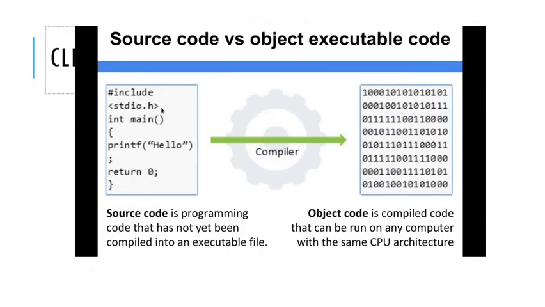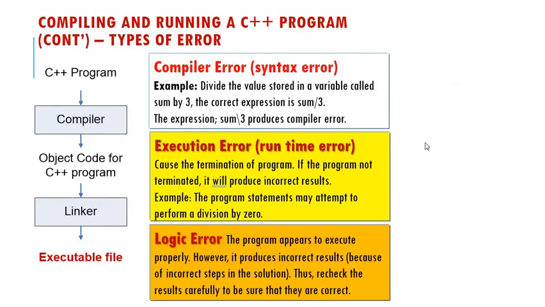All right, this is the types of error in computer programming. These are the basic errors that computer programming has. The first one is a compiler or syntax error. Syntax error means maybe the programmer spells an instruction incorrectly.